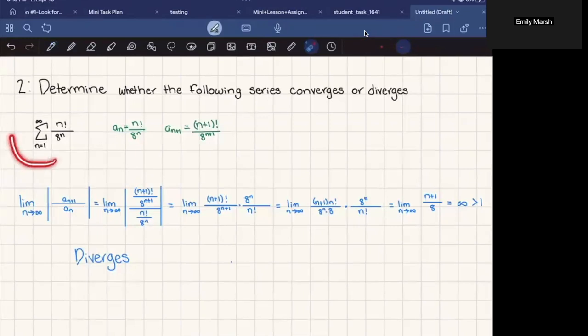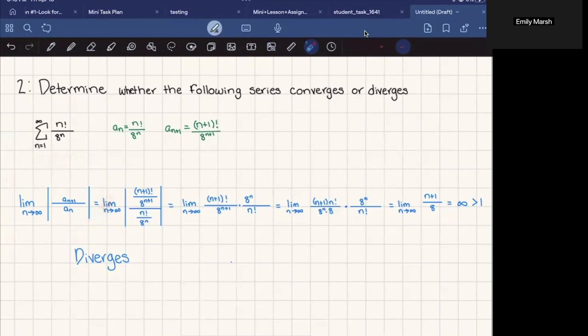We have our following series here. It's the summation from n equals 1 to infinity of n factorial divided by 8 to the power of n. So first and foremost, for ratio tests, we are finding the limit as n approaches infinity of the absolute value of a sub n plus 1 divided by a sub n.